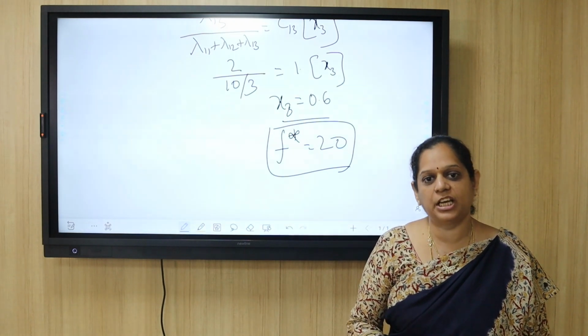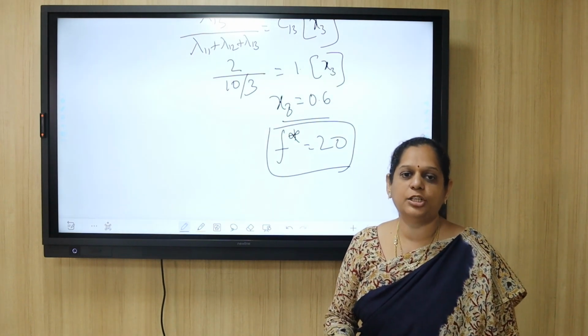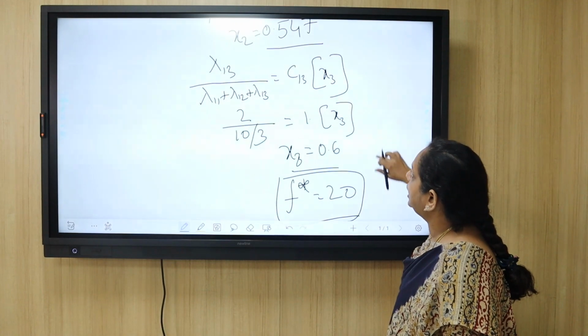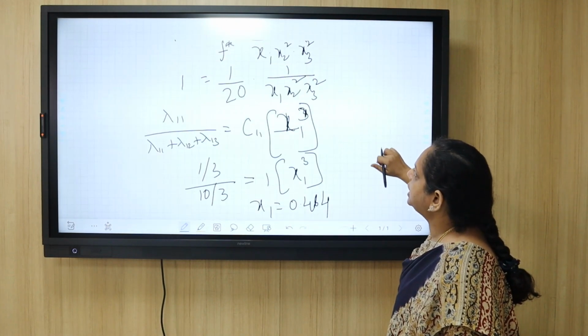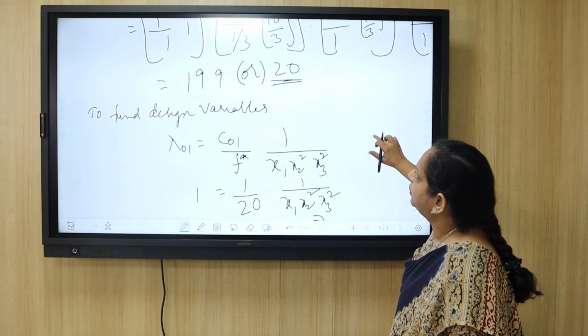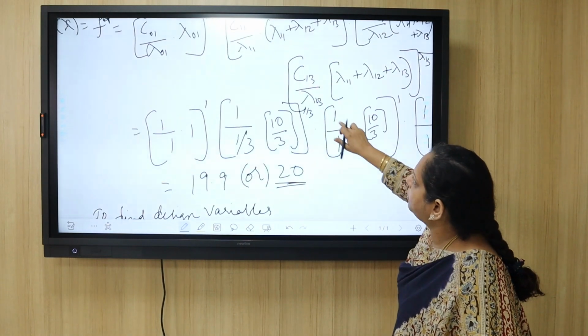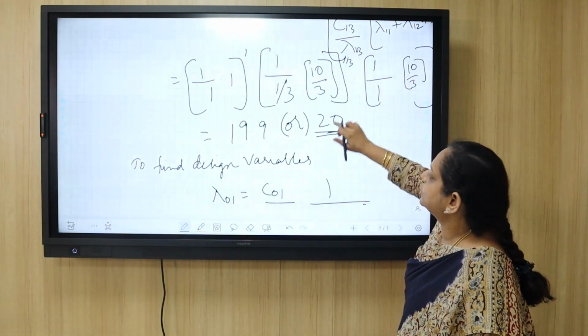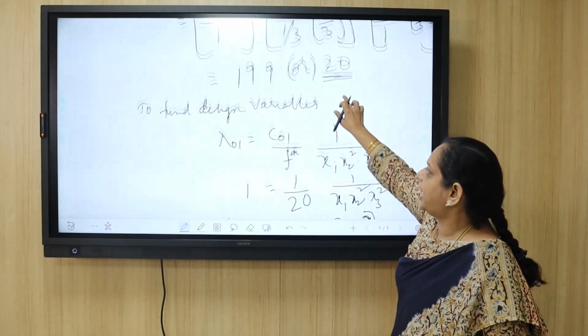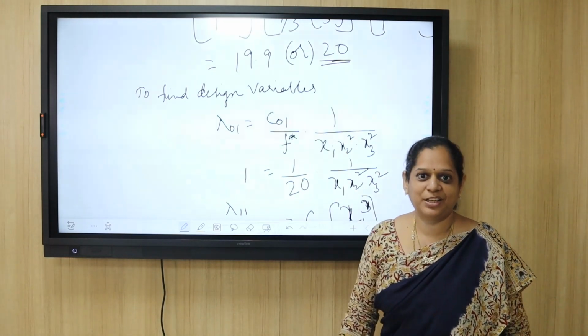By solving these equations, you got the lambda values. By getting the lambda values, you will find the objective function or optimal function. This is the objective or optimal function for a constraint problem. So this is the solution for that problem. After that, you find the decision variables.